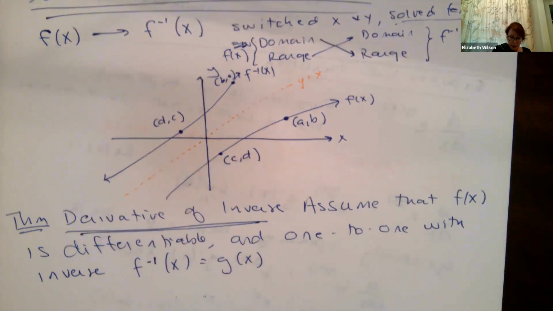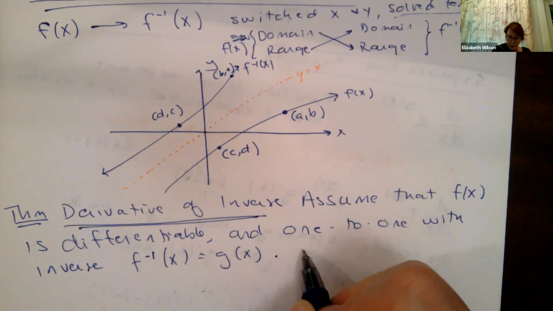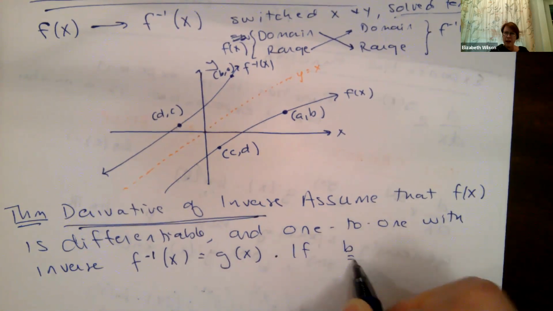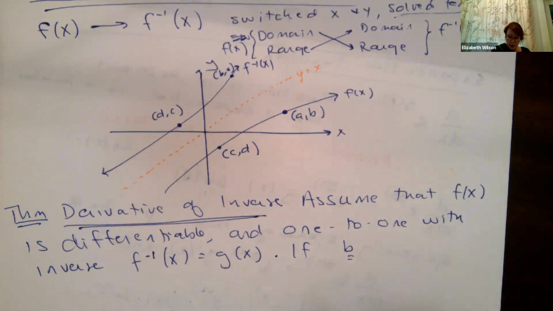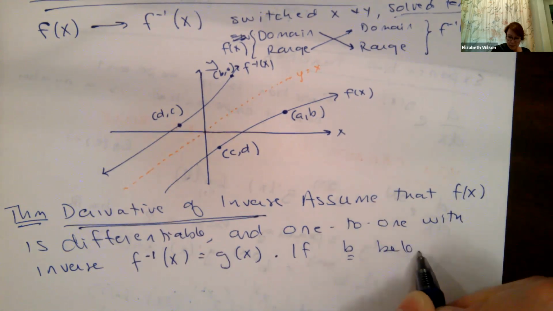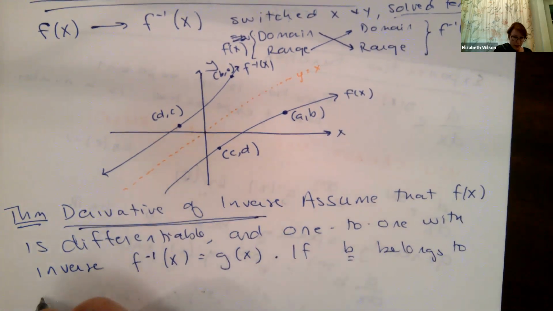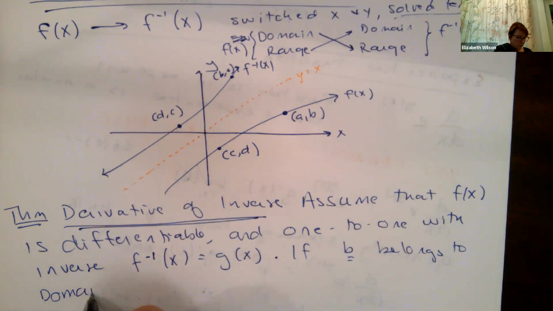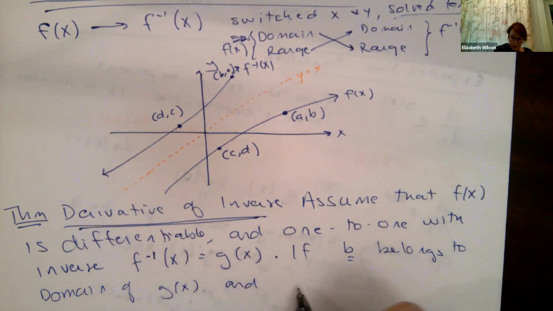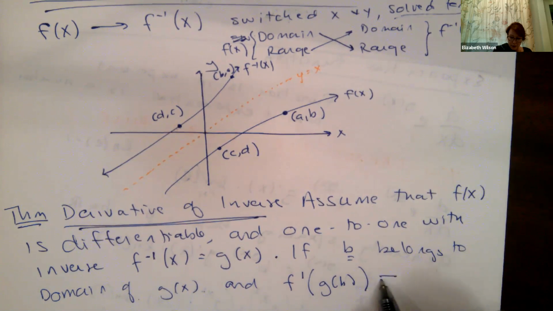Okay, so now we've got some point. If some value, like x equals b, belongs to the domain of our g of x, and watch this, my derivative of my function evaluated at g of b doesn't equal 0.